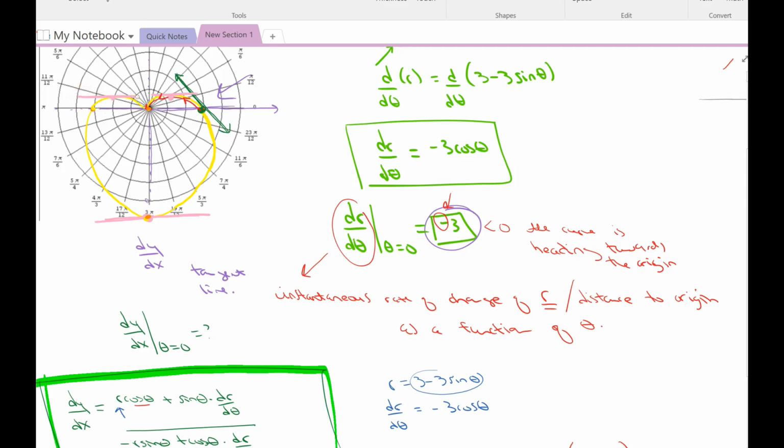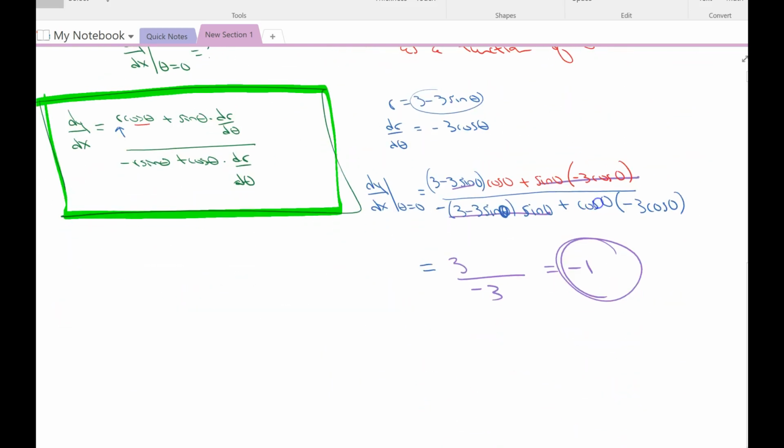Again, we realize these drawings are hand-drawn, so they're not perfect. But now let's see if the math bears this out. We want to know where dy/dx will equal 0. If dy/dx equals this quotient, we really care about where the numerator will equal 0.